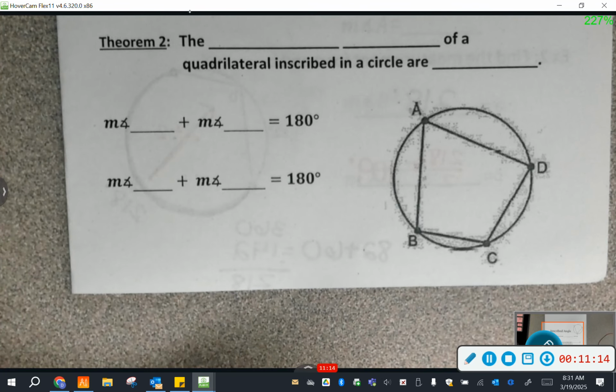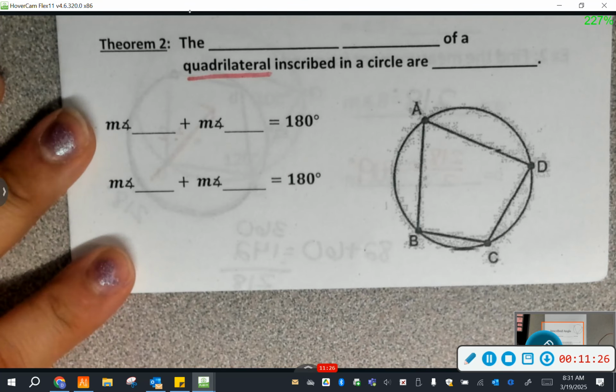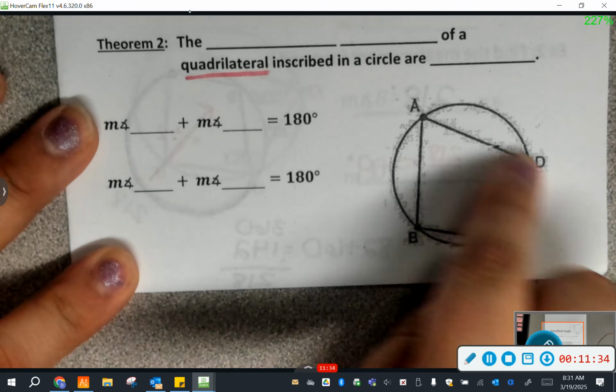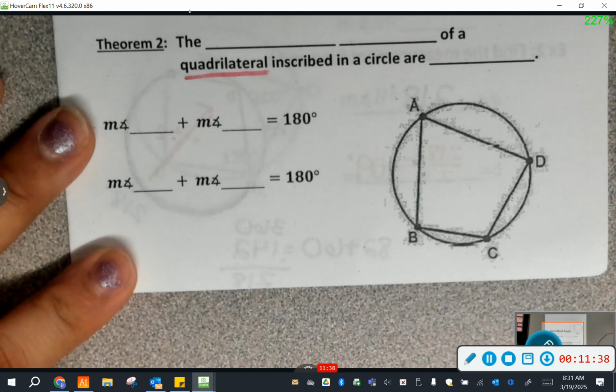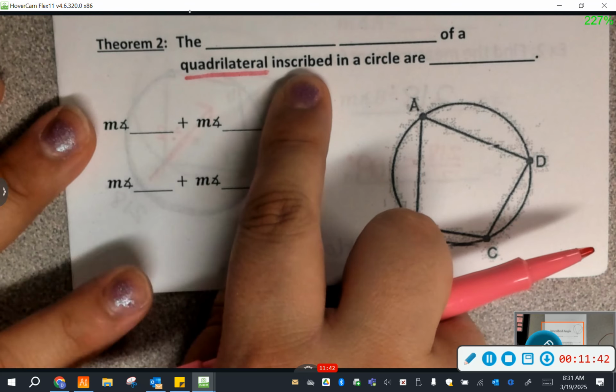Okay. For this part right here, what do you notice is inside my circle? It is a quadrilateral. Everybody underline the word quadrilateral. I need your focus to be up here. A quadrilateral has 4 sides. Do y'all agree that has 4 sides? Now, this word inscribed, that means it's inside.